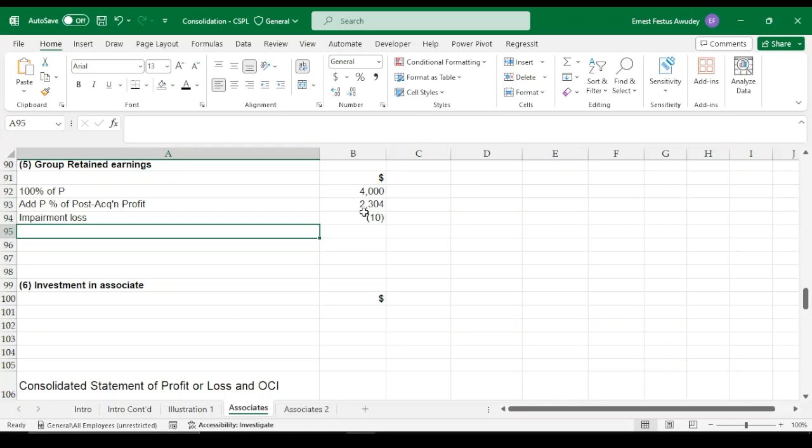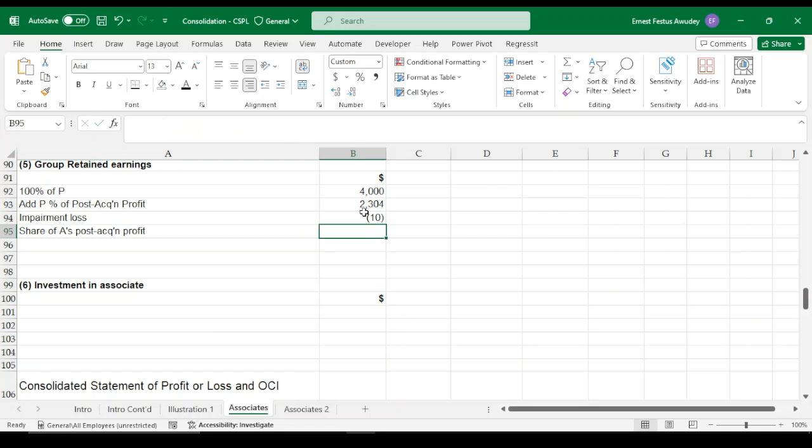And then we are going to adjust for the items relating to the associates as well. So we are going to have share of associates, A's post acquisition profit.